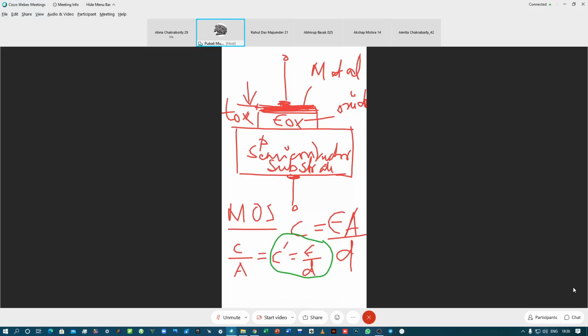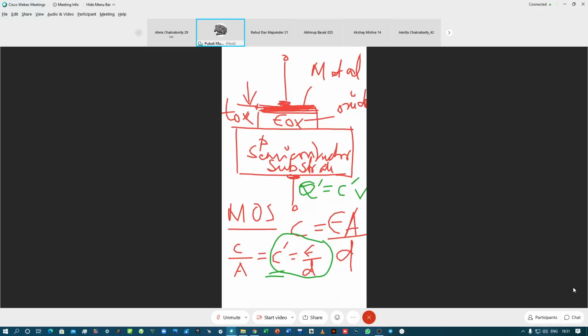Okay, so this is the basic equation for the capacitance per unit area, and you have Q dash equal to C dash V. Since we are dealing with C dash as the capacitance per unit area, we can also write the magnitude of charge per unit area as Q dash equal to C dash V, where V is the potential difference.